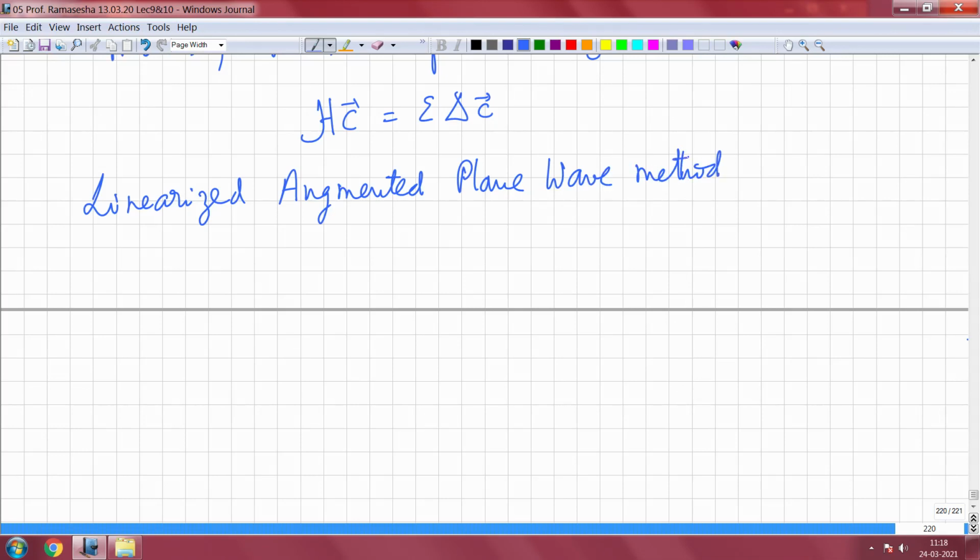In the linearized augmented plane wave method, you fix the value of E prime and you do not vary it, and then you use the functions corresponding to this value of E prime as the basis functions.